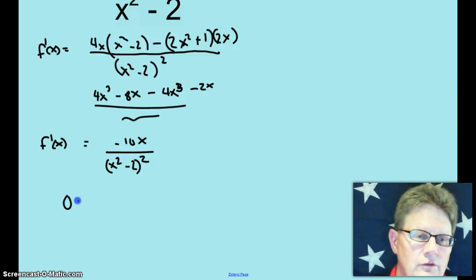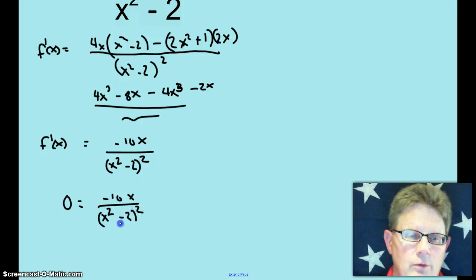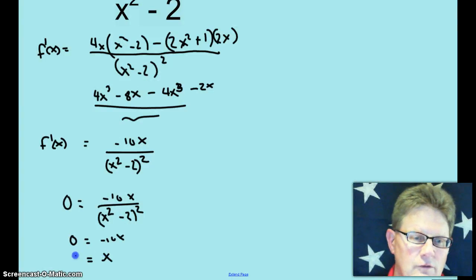Set it equal to 0, and multiply both sides by this denominator. 0 equals negative 10x. x equals 0. But wait, there's more. Where is the denominator undefined?